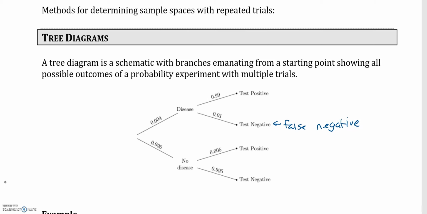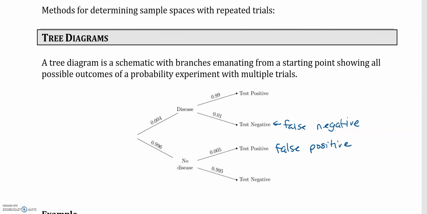So they don't think that they have the disease, but they in fact do. And when you do not have the disease, there is a 0.005 probability or 0.5% probability that they still test positive, and that's considered a false positive. And a 0.995 probability that they do test negative and show that they do not have the disease.